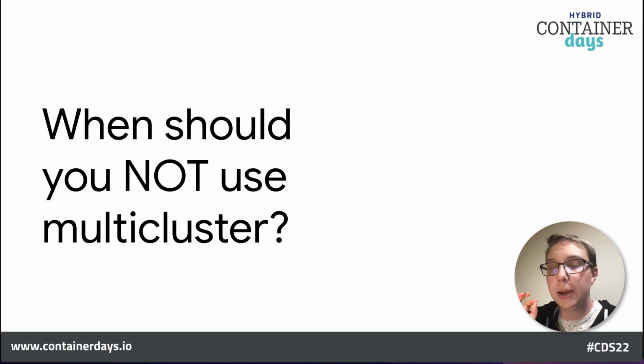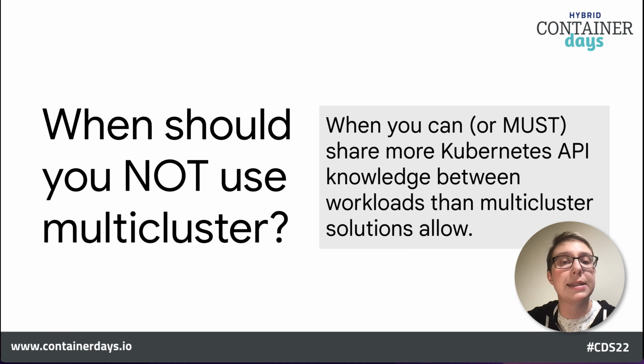And I think the briefest version of it, especially thinking about all of that on the last slide, is that when you can, or particularly when you must, share more Kubernetes API knowledge between workloads than these multi-cluster solutions allow, you're really in a spot where you should not be using multi-cluster, because the cluster boundary still has some strength, right?